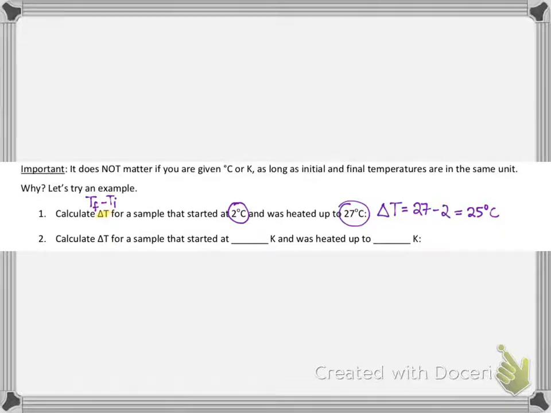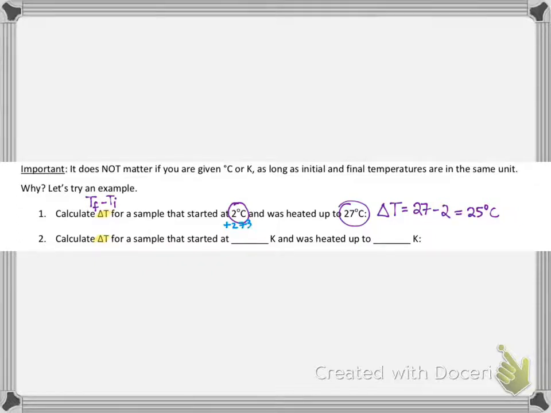Okay, let's go ahead and do the same delta T, but this time for those temperatures in Kelvin. Well, 2 degrees Celsius, if we want to convert that to Kelvin, you are, of course, going to add 273.